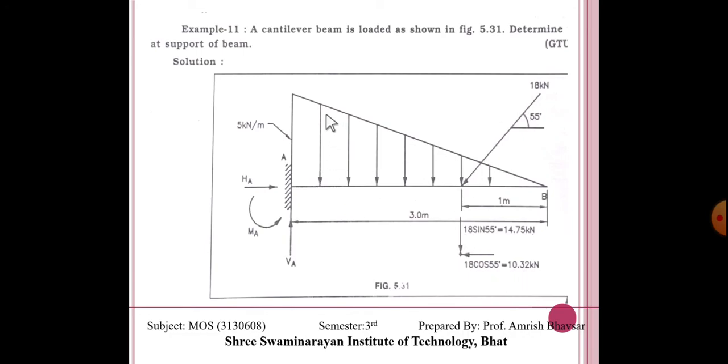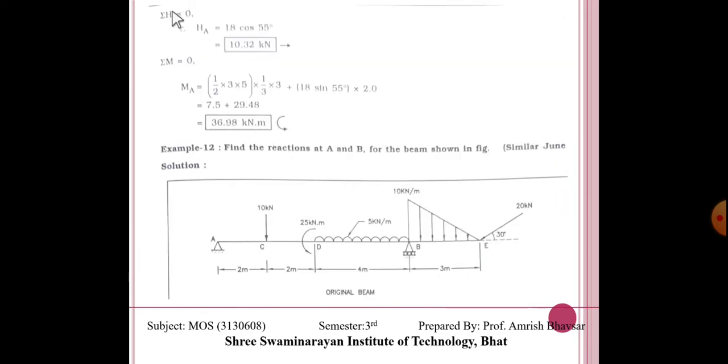Now we have to convert this UVL into a point load. So we will get 1/2 into 5 into 3, and the distance from here to here is 1/3 of 3. So it is 1. So we know that a fixed support gives us 3 reactions: vertical, horizontal and moment, that we have to calculate for the case. So sigma H is equal to 0.